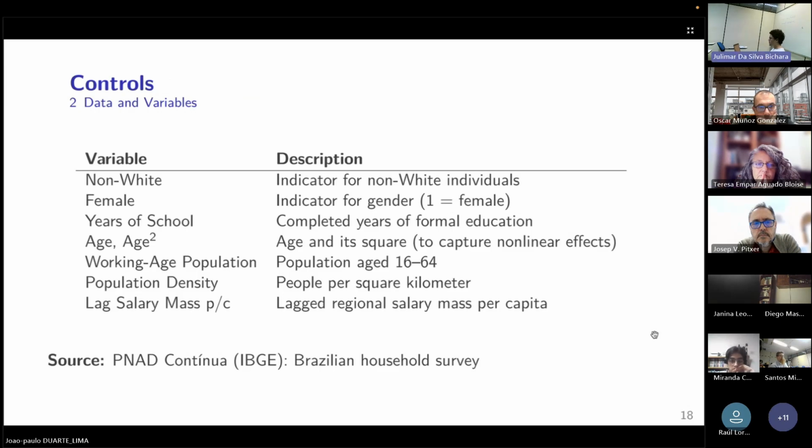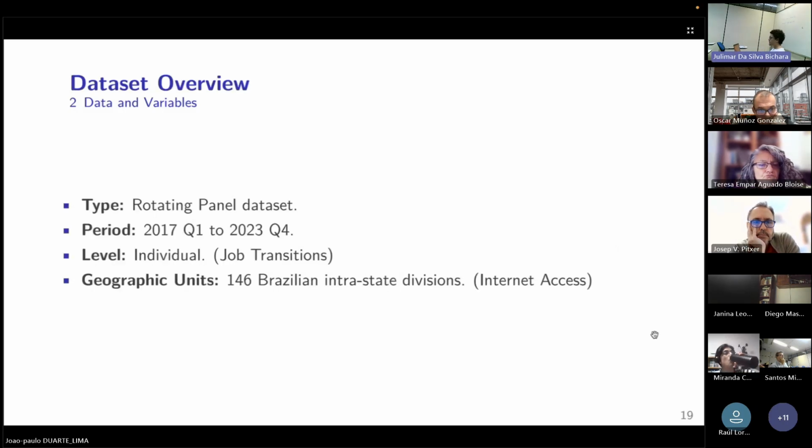I have some control variables here, other variables that I have. And my data set in the end is based on a rotating panel data set, so I can follow each individual for 5 periods of time, and I can see if they transition from one period to another between jobs.